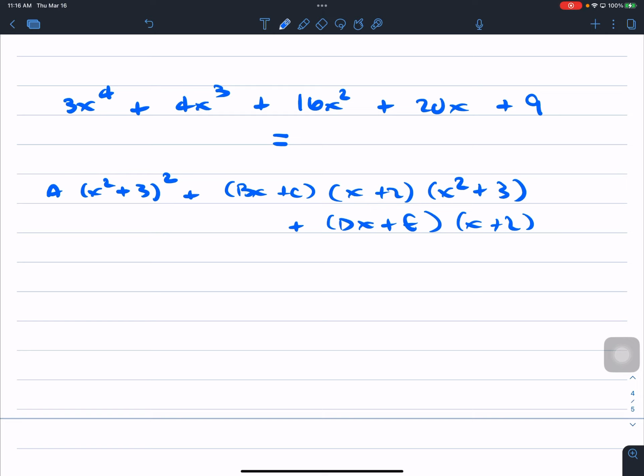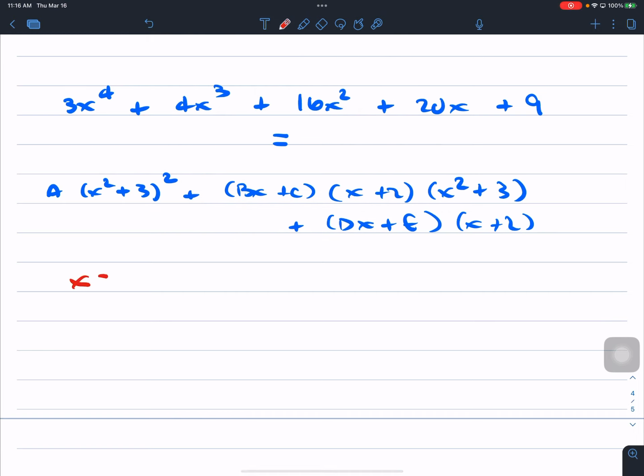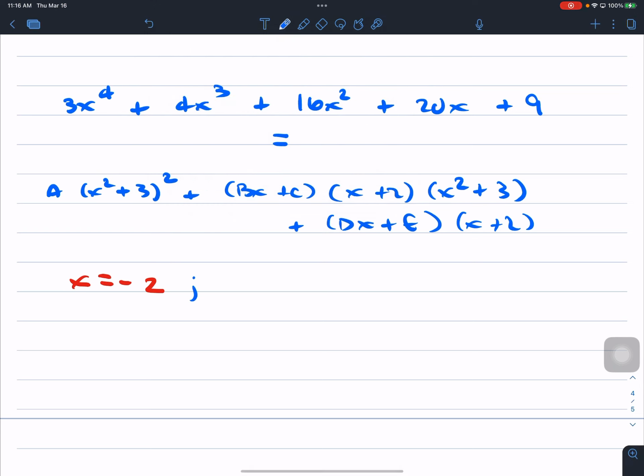And then I might be able to get an a value. Is that right? So I'm going to get what I can handle. If x is negative 2, what do you guys think we're going to have to do? You know what you're going to get if x is negative 2? You're going to get a. A is going to be positive 1.